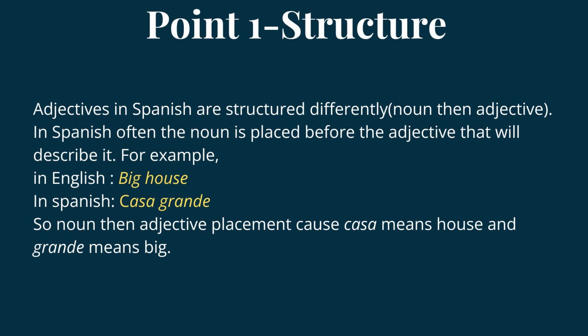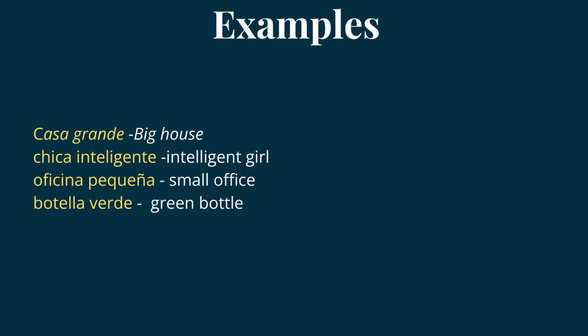In Spanish, it works the opposite way. So the noun actually comes first, then the adjective. So I'll place some examples here on the screen, but let's go back to that phrase, big house. In Spanish, we would say casa grande. Casa grande, right? The word casa means house, and the word grande means big.